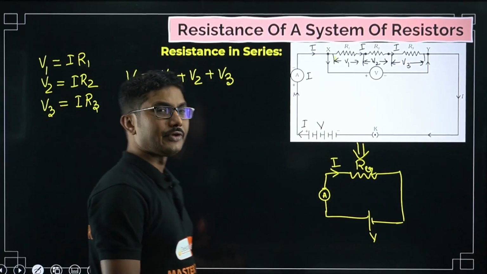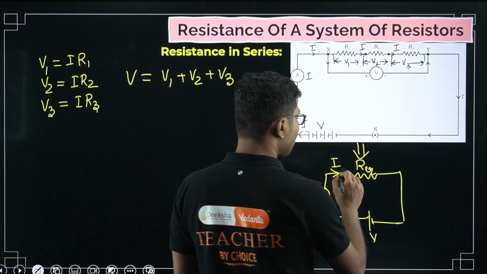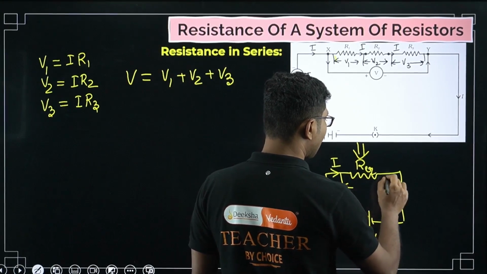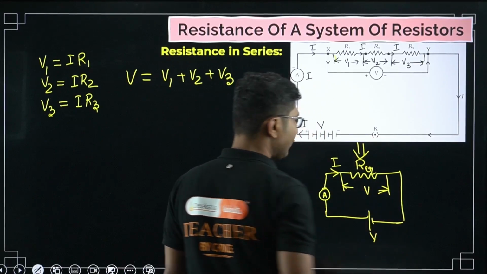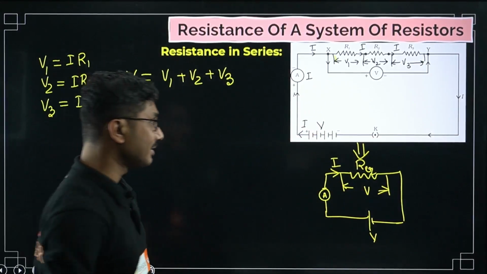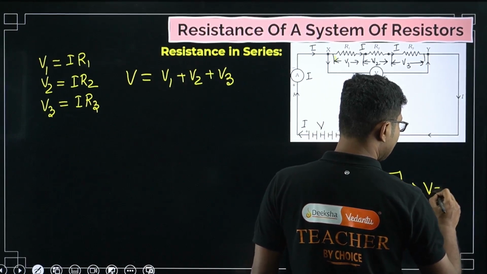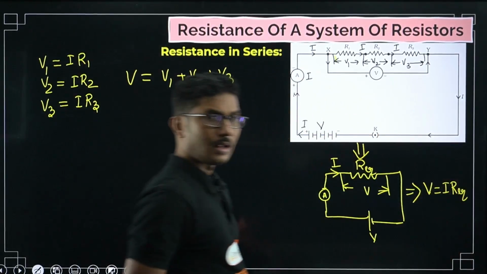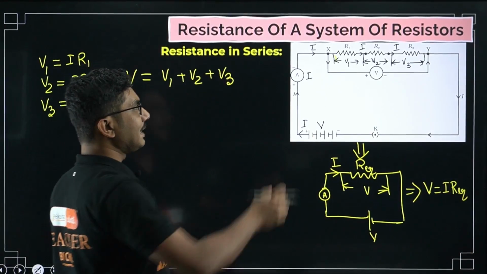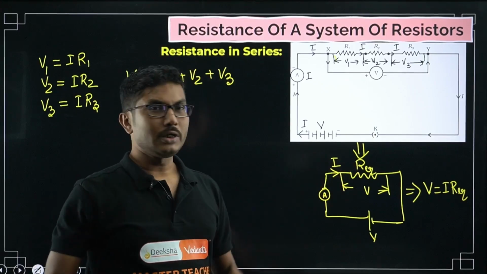EQ stands for equivalent. The voltage drop across this equivalent resistor will be the same as across the combination of all the resistances, that is V. So V equals I Req. Equivalent means you take all the resistances connected in the circuit and replace them with only one resistance.